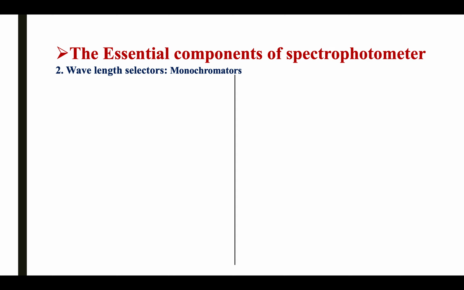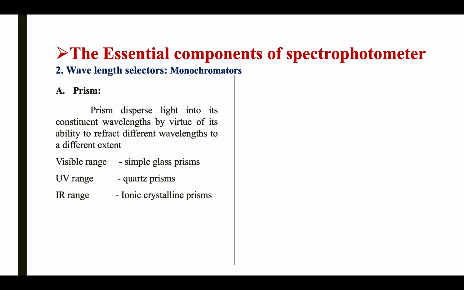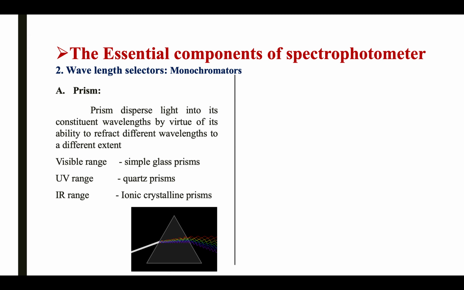Now we are going to see wavelength selectors as monochromators. The first one is a prism. A prism disperses light into its constituent wavelengths by virtue of its ability to refract different wavelengths to a different extent. That's how the prism works. Everybody knows about the prism; it is triangular in shape, as you can see in this figure.